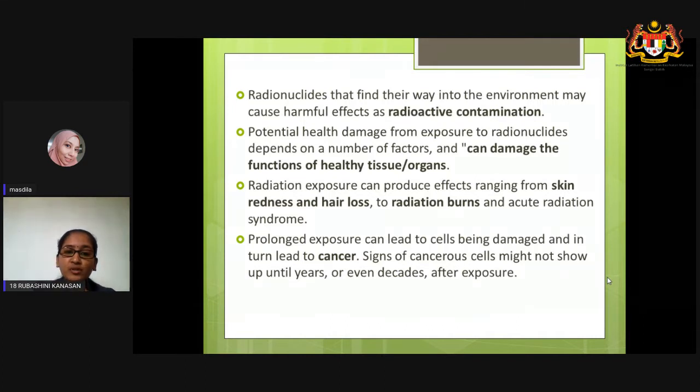Prolonged exposure to radiation can lead to cells being damaged, in turn leading to cancer. The last stage will be cancer, and signs of cancerous cells might not show up until years or even decades after exposure. So the exposure will only show after a long time, when it is already the last stage of cancer. It is not within a near time, it takes a long time.